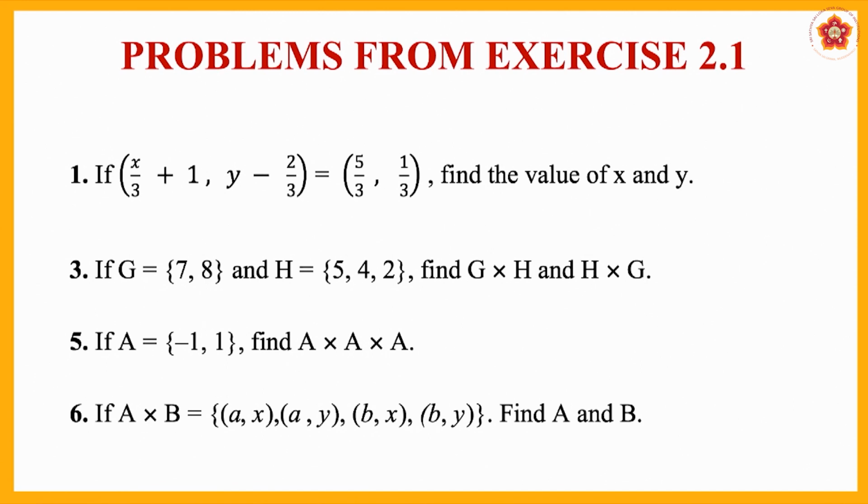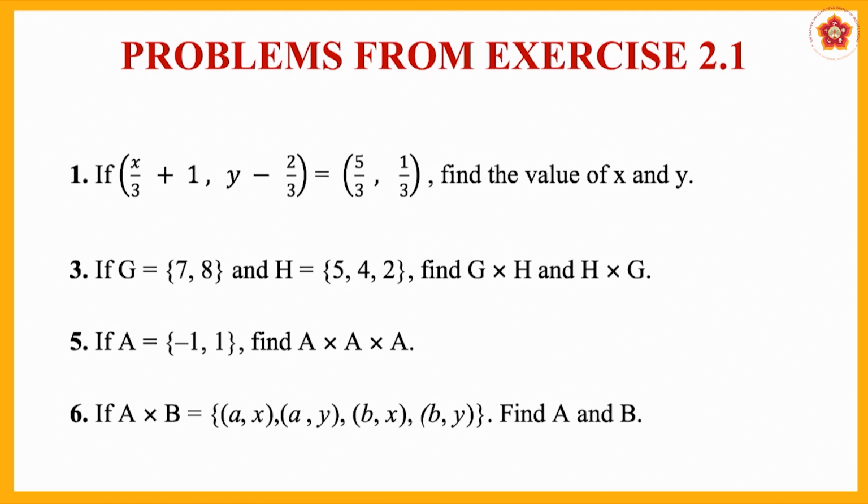So every pair you take, make sure that the first element is from the first set, the second element is from the second set. So it is (7, 5), (7, 4), (7, 2). Similarly with 8: (8, 5), (8, 4), (8, 2). This is G cross H.